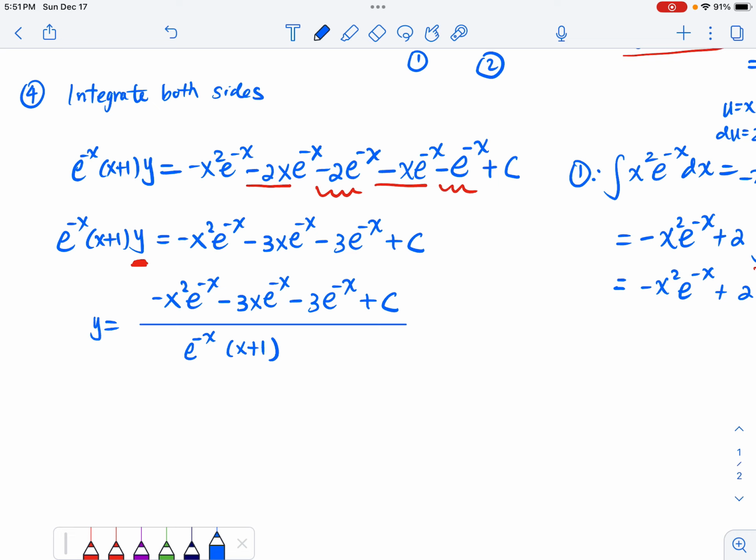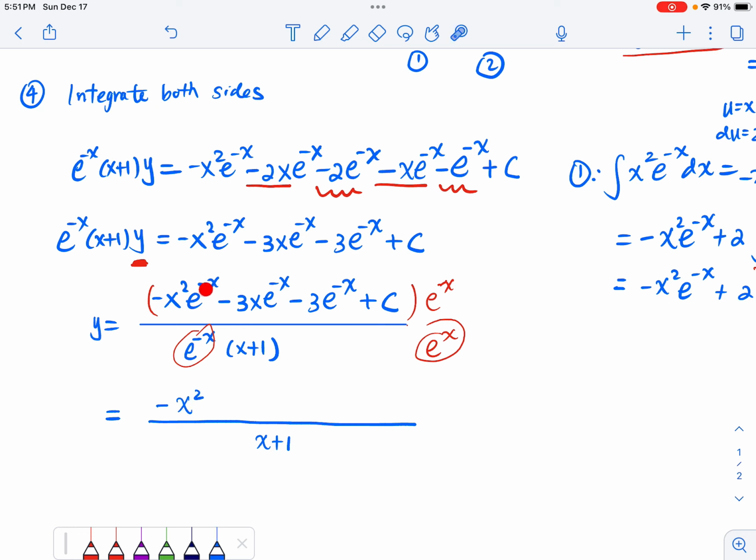Now, I'm going to multiply top and bottom by e to the x, okay? Multiply by e to the x, so that these two multiply to 1. So these two multiply to 1. And so therefore eventually I have x plus 1 on the bottom, and negative x squared.